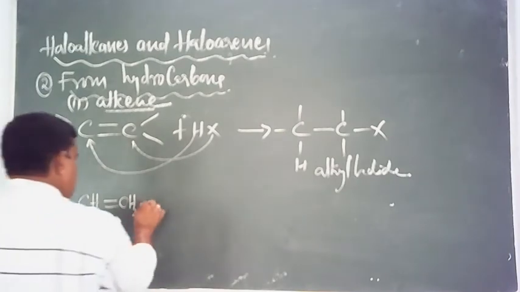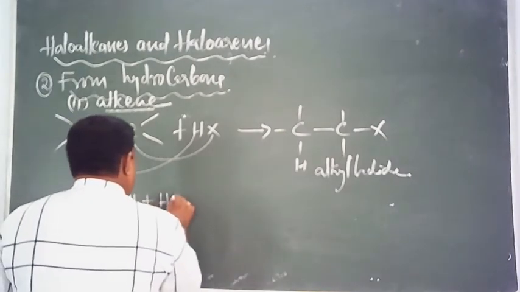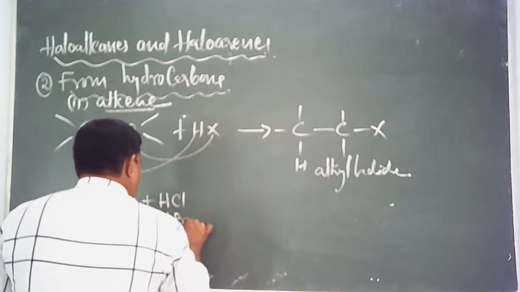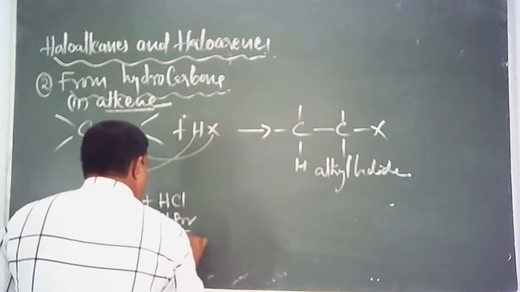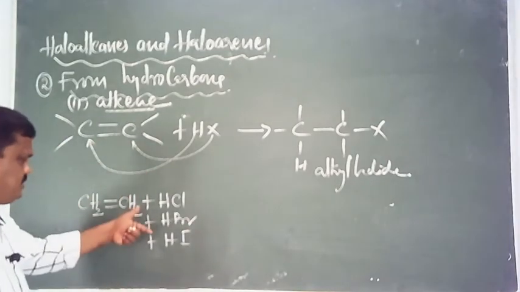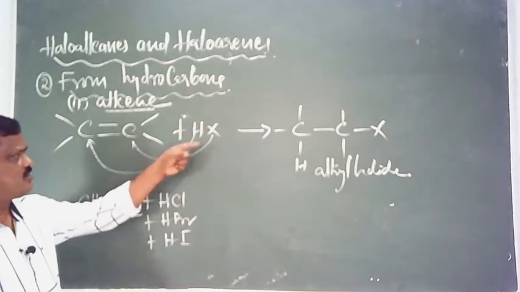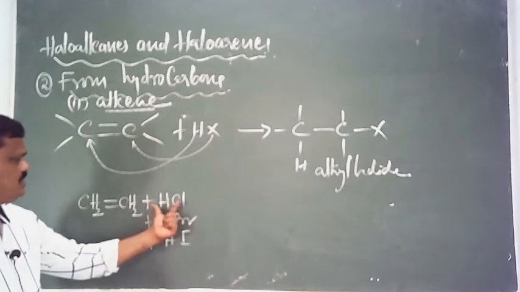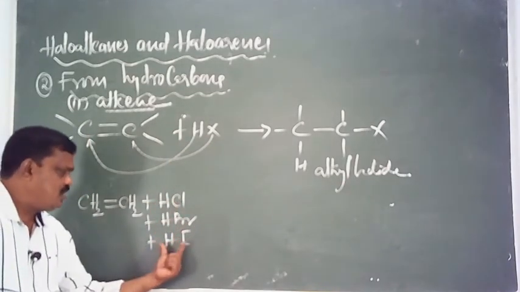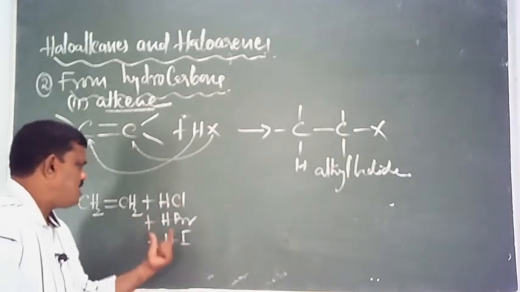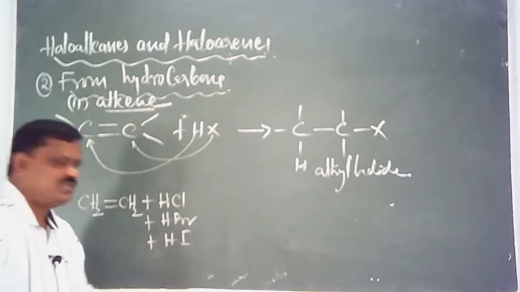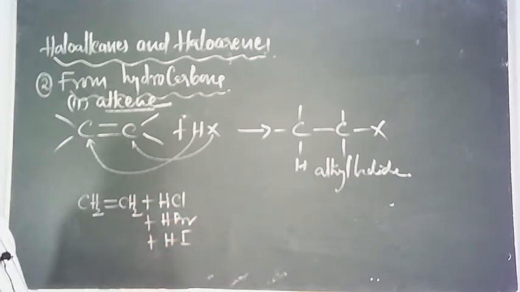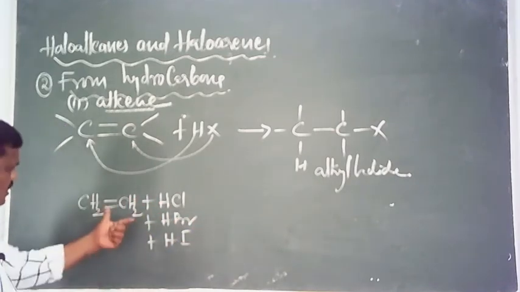When ethene is treated with hydrogen halide like HCl or HBr or even HI, you can take any one. General representation of hydrogen halide or halogen acid is HX. HX may be HCl, HBr, HI: hydrogen chloride, hydrogen bromide, hydrogen iodide, or hydrochloric acid, hydrobromic acid, or hydroiodic acid.